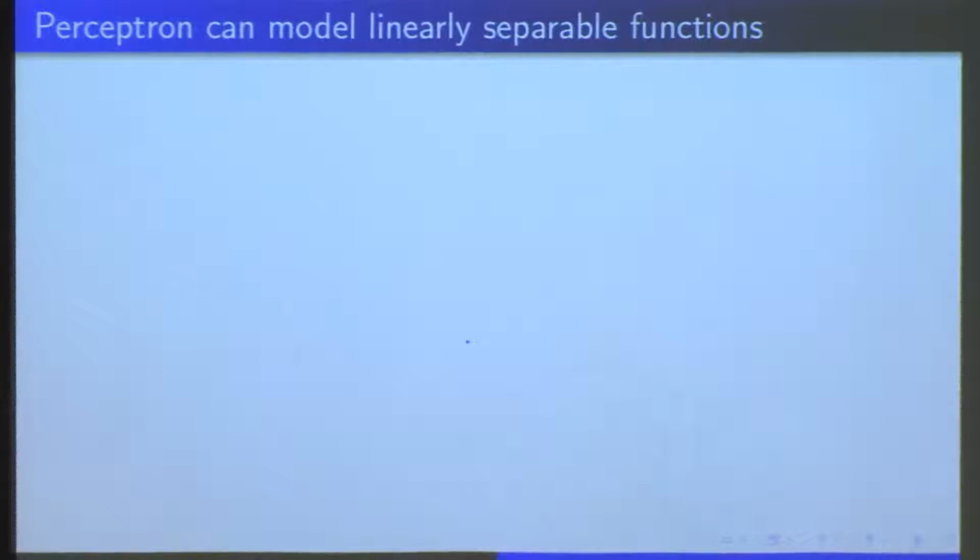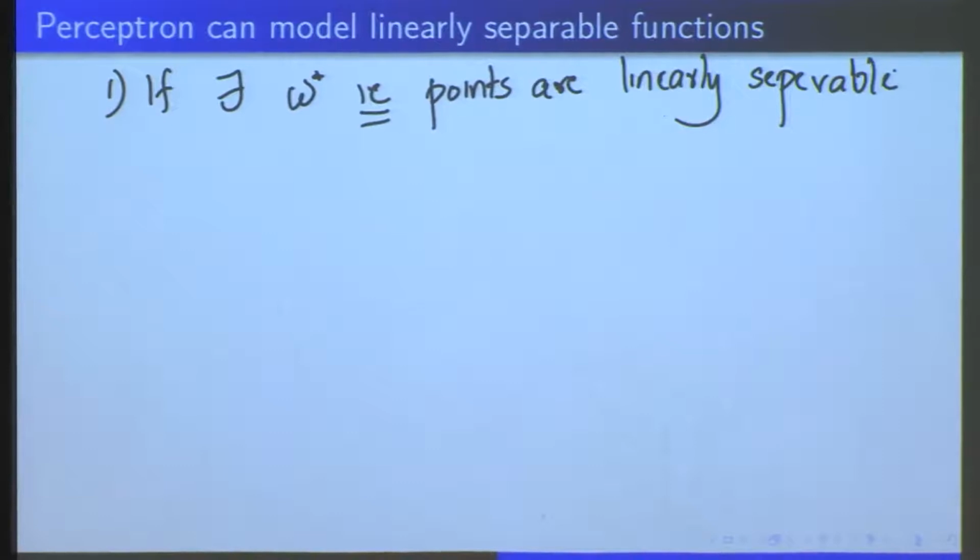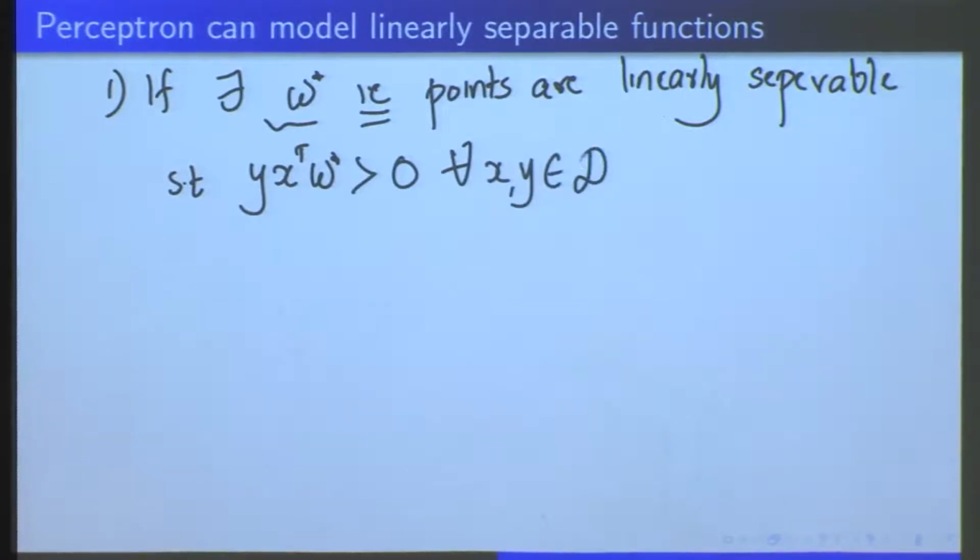Okay. So since perceptron can model linearly separable functions, I'll just recap the claims we are making. One, if there exists w star, that is, points are linearly separable, and w star is such that y x transpose w star is greater than 0 for all x comma y in the data set.